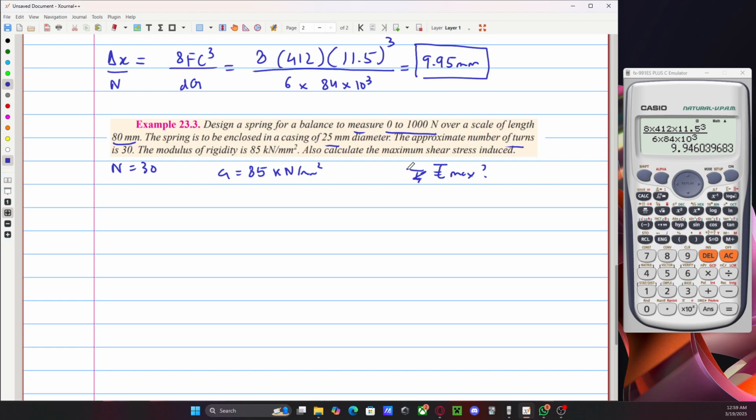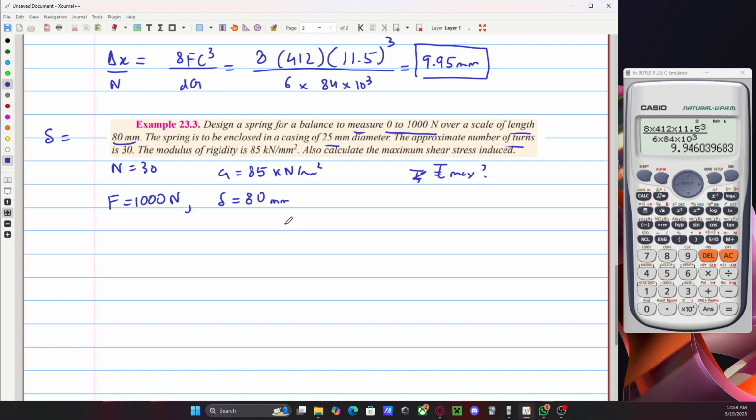Okay. So when they ask about design, you need to give all of its specifications. So the way this works here is, we have the force. Let's take it as 1,000 newtons here. Then we know our scale length, or when they talk about length, the only length we have is the del x. So our deflection is 80 millimeters.